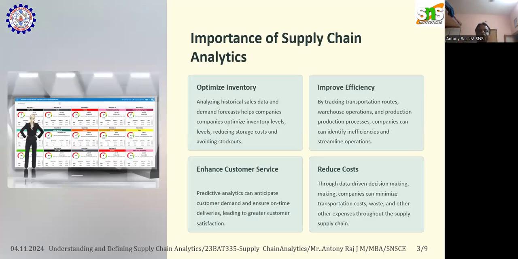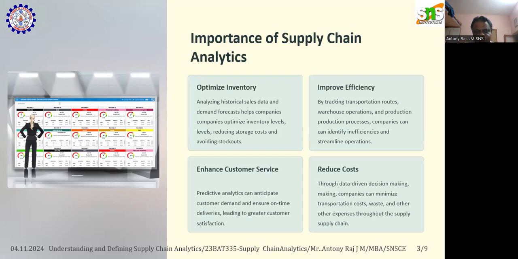Let us understand the importance of supply chain analytics. There are four areas given here. The first area is optimizing inventory. Inventory consumes a major cost of any organization, and this is a highly critical area we need to focus on. In optimizing inventory, we analyze the historical sales data and demand forecasts.